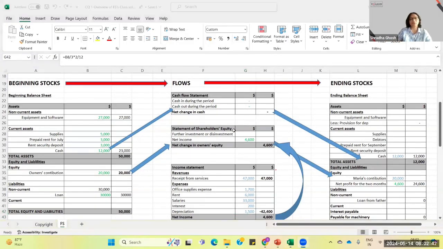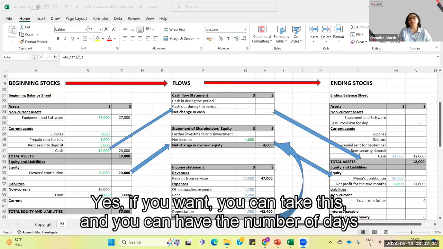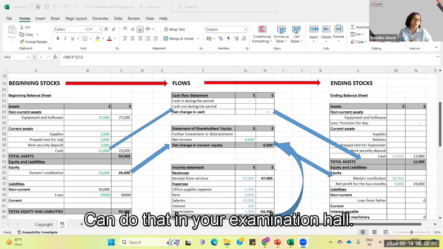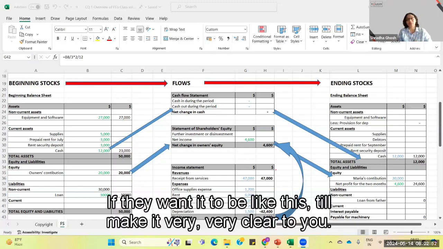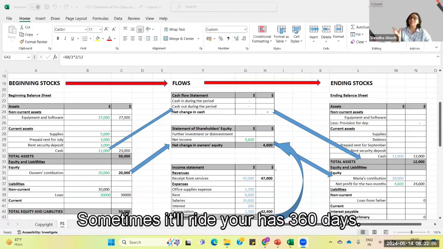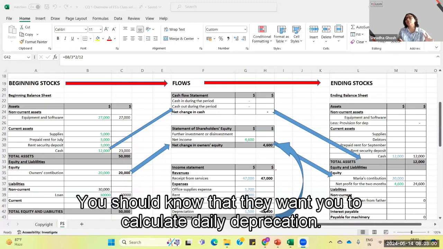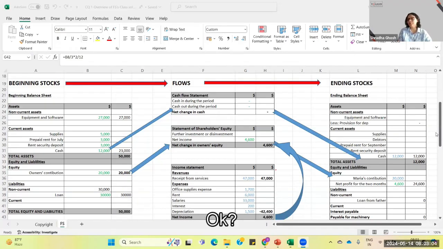If you want, yes, you can take the number of days divided by 365. You can do that. In your examination hall, if they want it to be like this, they'll make it very, very clear to you. Sometimes they will write a year has 360 days. The moment you say consider a year as 360 days, you should know that they want you to calculate daily depreciation. Okay?